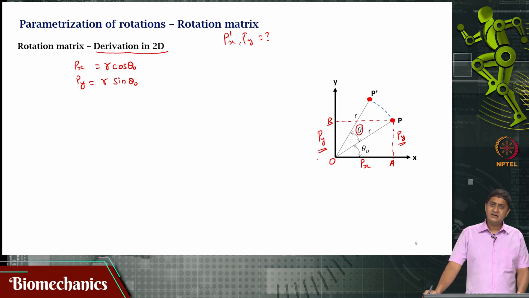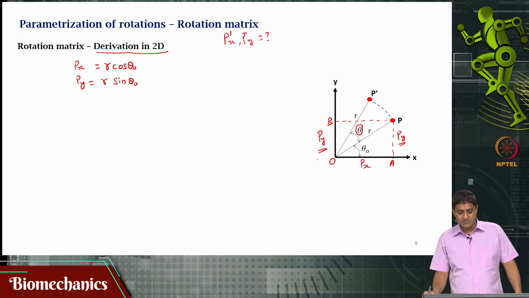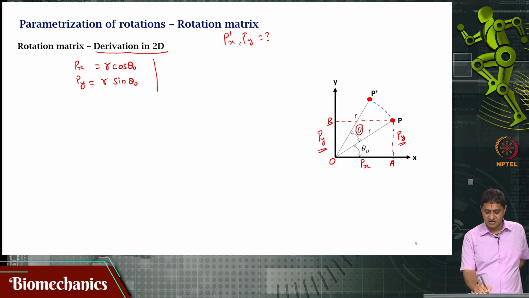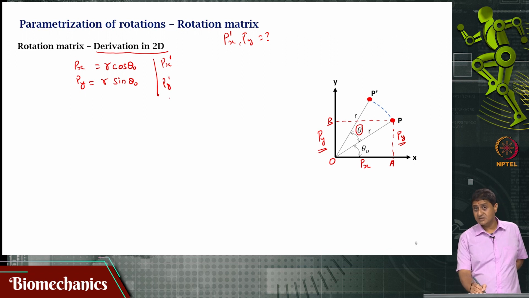Between P and P dash, r remains the same, something to keep in mind. Now, can I describe the location of P dash in the same way as I just described P? Like I wrote for Px and Py, can I write the values of Px dash and Py dash? P dash does not have the same angle theta naught; it has an angle of theta naught plus theta, because it has undergone a pure rotation.